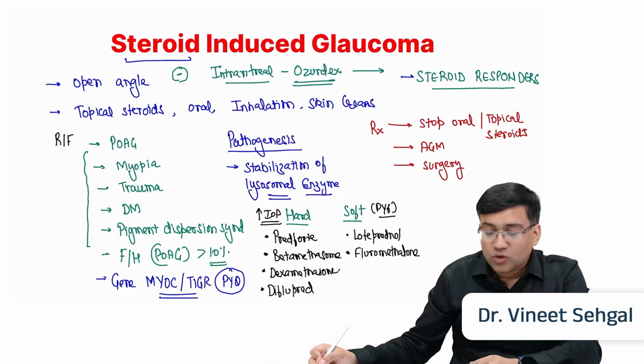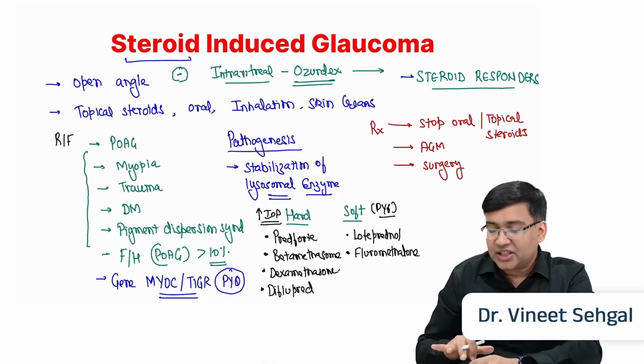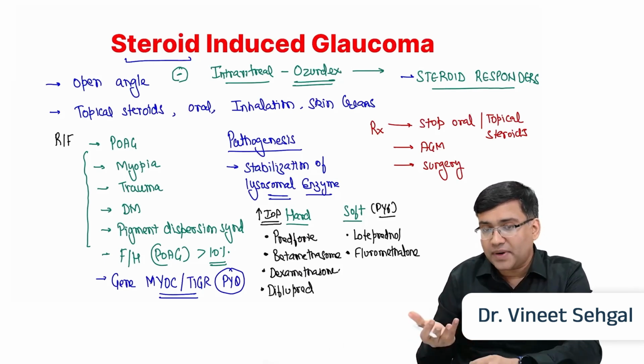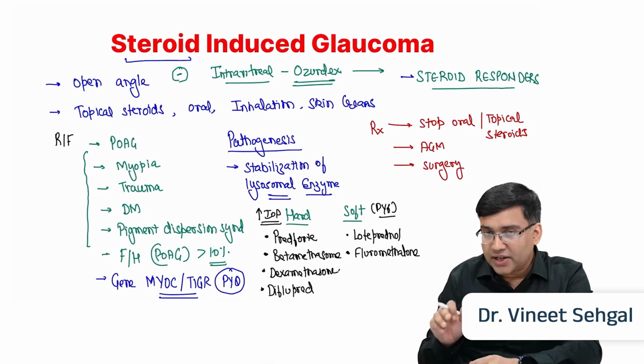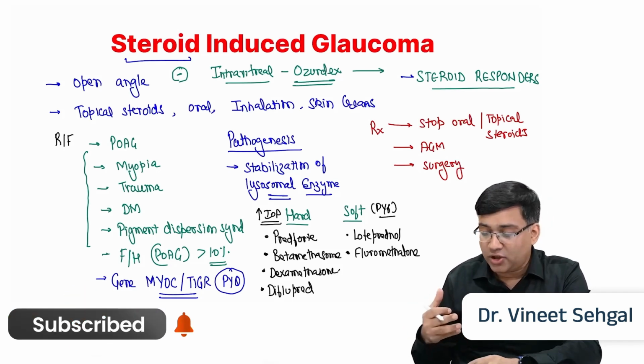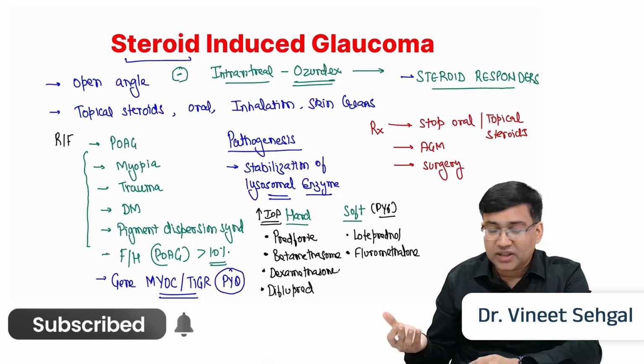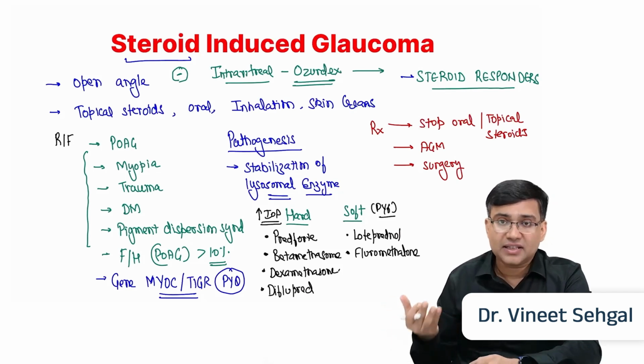If the patient is on topical or oral steroids, you can stop it, but if an intravitreal steroid is there, it is very difficult to remove it. You cannot do a vitrectomy there. So in those cases, there are chances that the patient may go into end stage glaucoma. Most of the times in those cases, you require a surgical intervention.